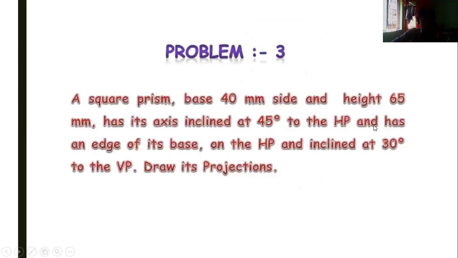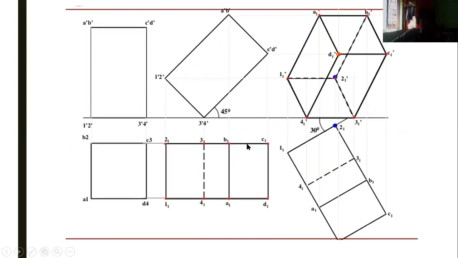In the next portion, they have asked that it is inclined 30 degree with the vertical plane. If it is 30 degree with the vertical plane, then it will be easily shown in the top view, right?